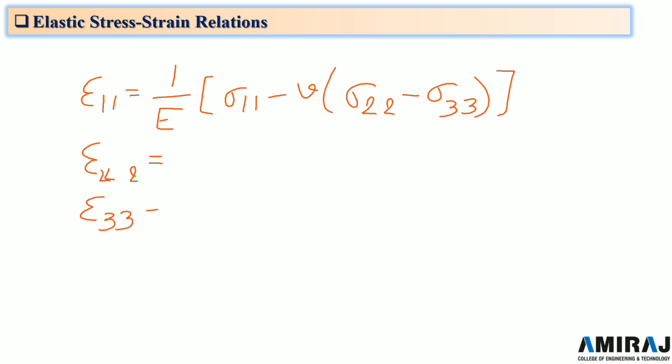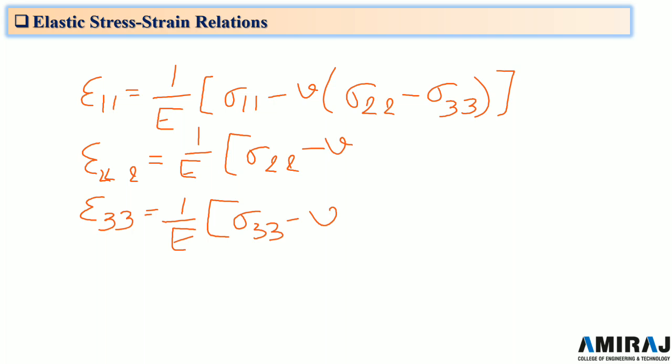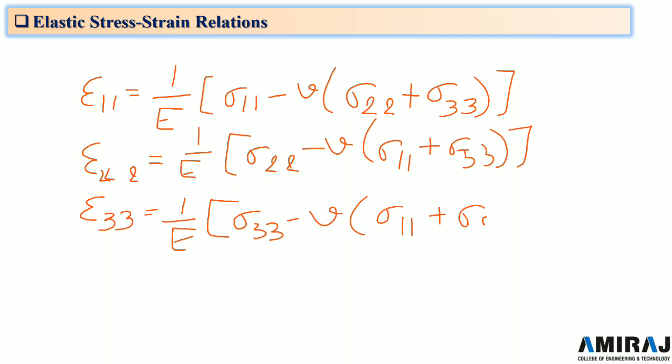Here the first term will be the same, 1 upon E. The second term here will be sigma 2, and here sigma 3, minus mu times sigma 1 plus sigma 3, and here also sigma 1 plus sigma 2.